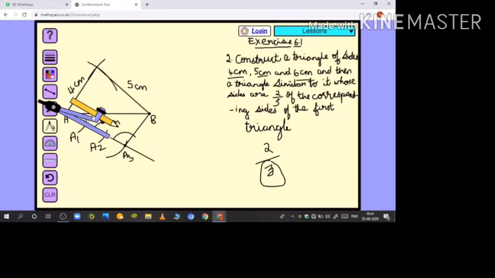Now, extend the compass, measure the arc length, and then fix the compass. In the same measurement, cut the arc drawn at A2, intersecting the initially cut arc. A point is obtained.